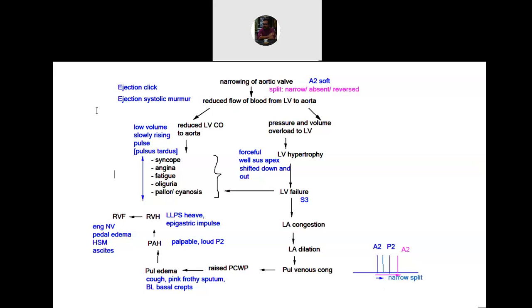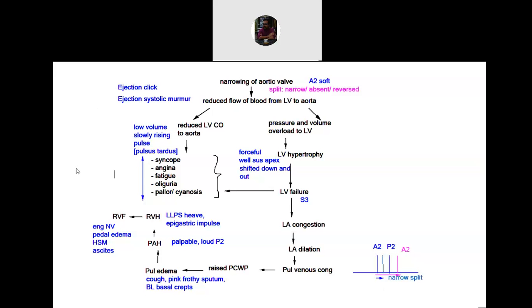When we talk of obstruction in the flow of blood through this channel, the obstruction can be at various levels. The obstruction can happen somewhere below here, at the orifice, which may become narrow, or above the orifice, making a constriction of the aorta.